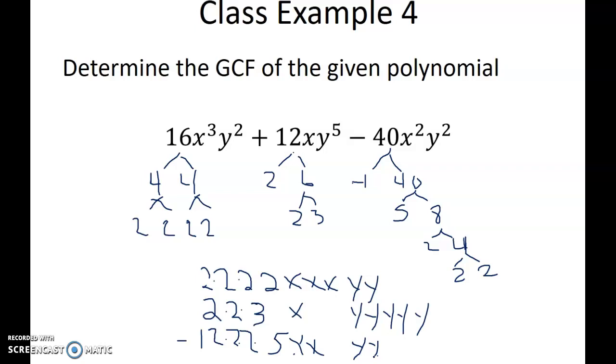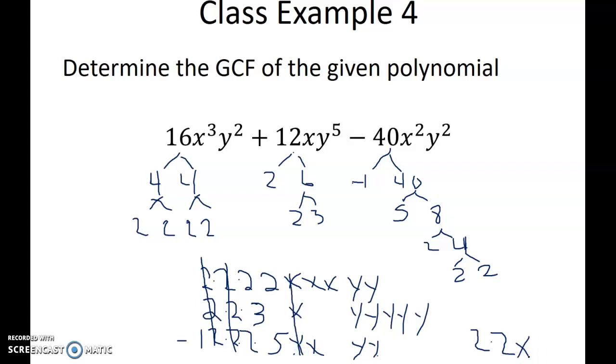So let's see what they have in common. I'm just going to put a line through what's common. Here's 3 2's, and I'll write them over here. 2. Here's another common 2. They have no 3's, no 5's. They do have an x in common.